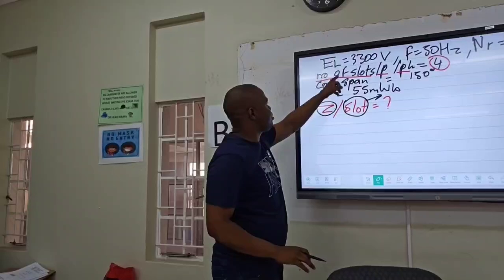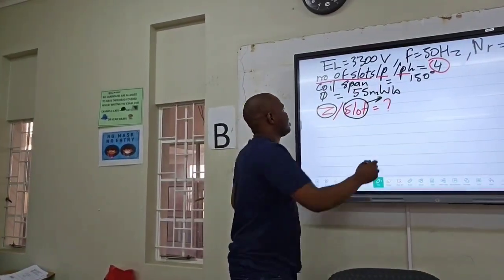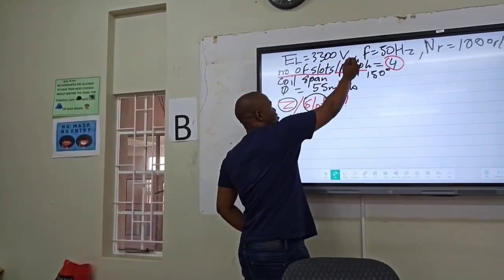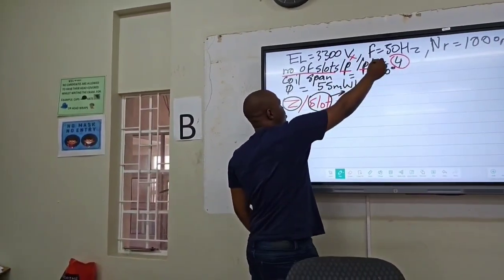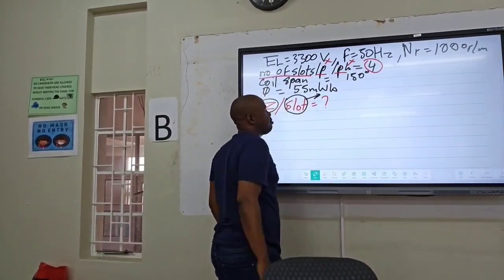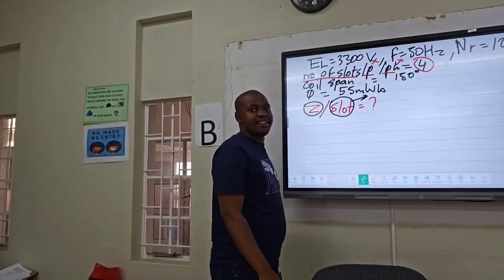That means if I want to find the number of slots, I must multiply to cancel out the division. Per means division. I must multiply by the number of poles, then by the number of phases.